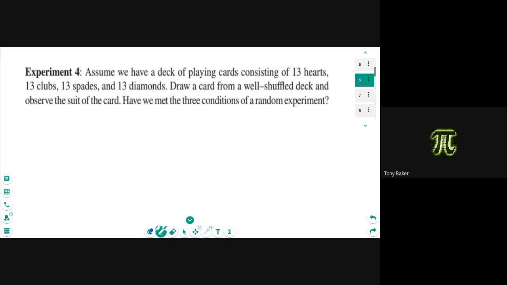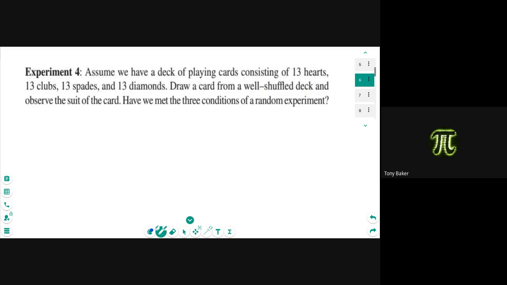So, is this a random experiment? Yes. If we draw a card, that's random. There's going to be 1 outcome, only 1 suit on that card. Do we know the outcome ahead of time? No. So that's random.